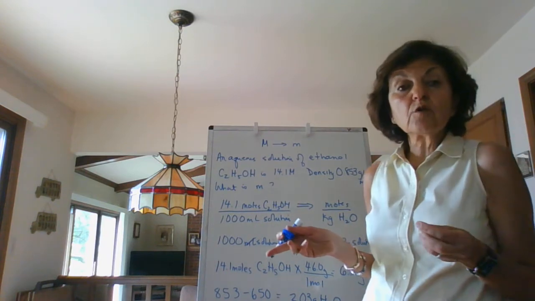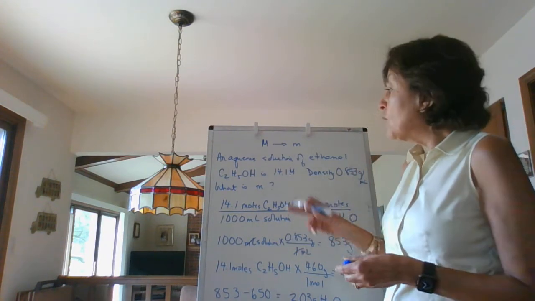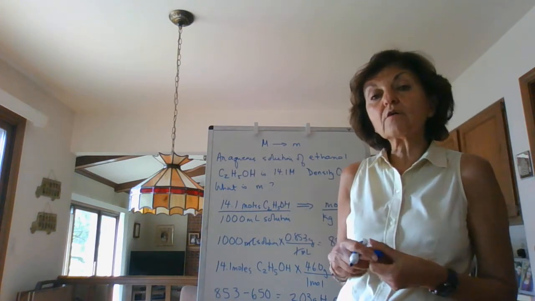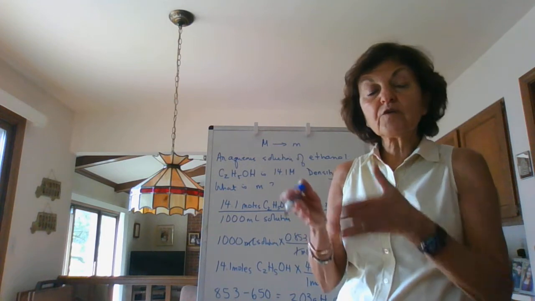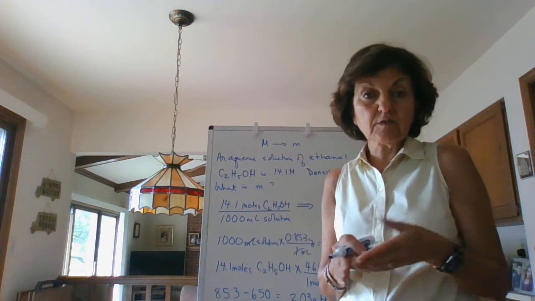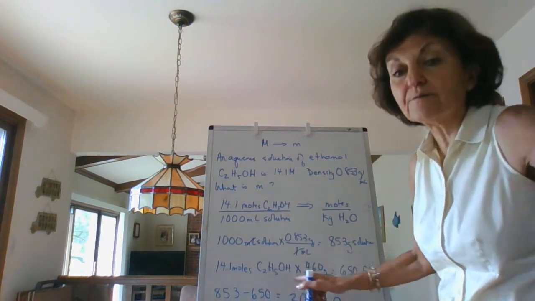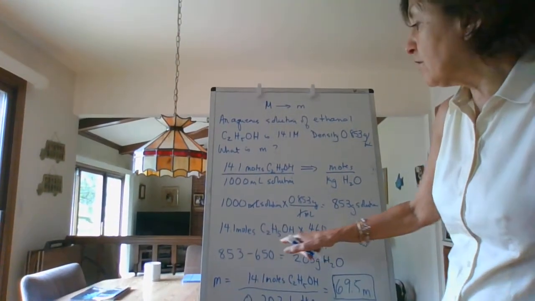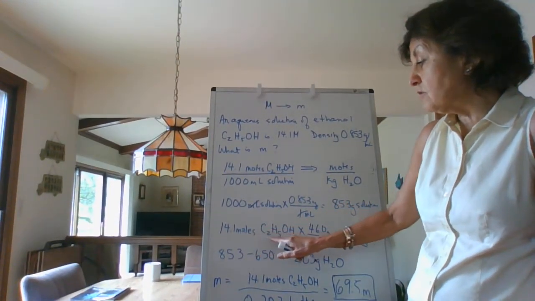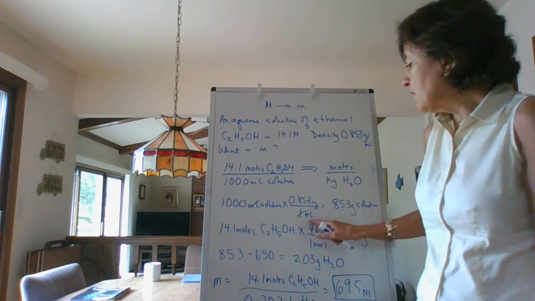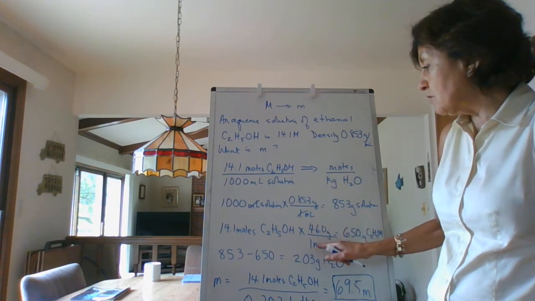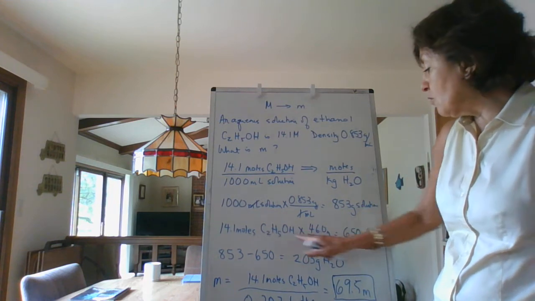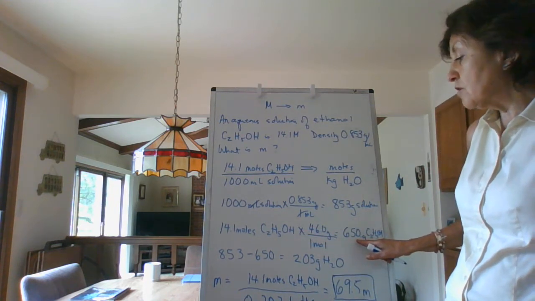So how am I supposed to know what the mass of the solute is? Well, I know the moles of the solute. So all I have to do is use molar mass to convert moles of solute to grams of solute. So that's what I did over here. I have 14.1 moles of ethanol. Use the molar mass of ethanol, which is 46.0, and converted my moles and turned it into grams.